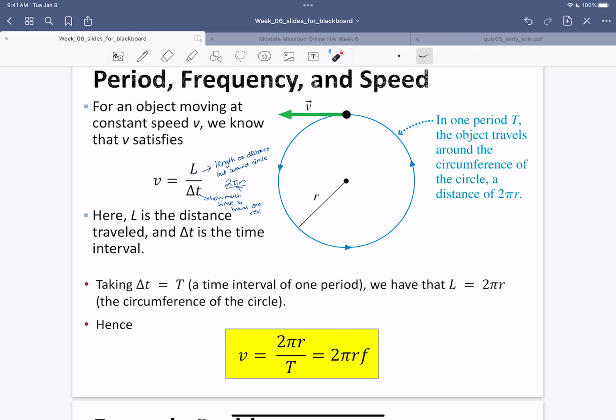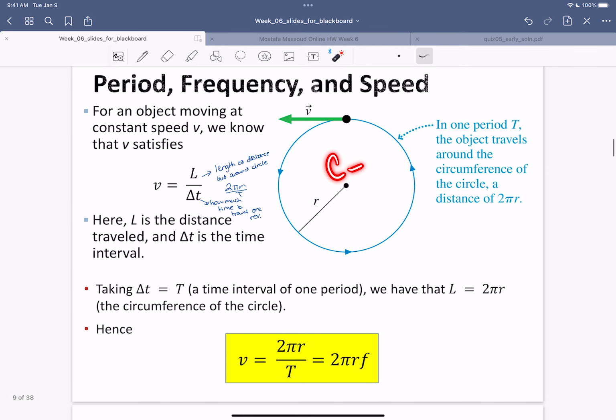The distance that we're traveling is the length around the circle, which is your circumference, the perimeter, the distance around the entire circle. So your circumference is 2 pi r. That's the distance that you travel per time interval, right?